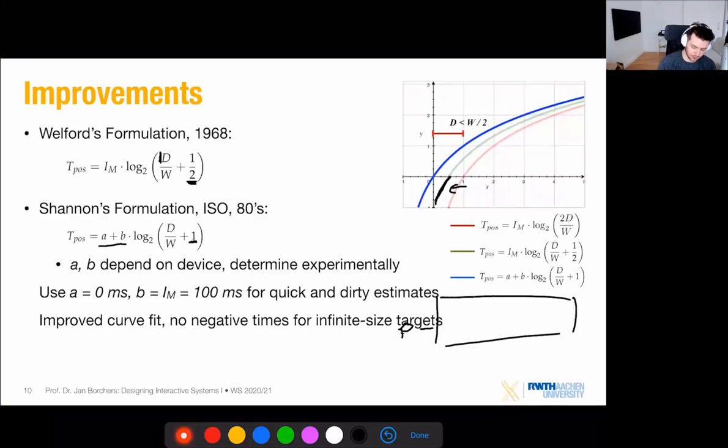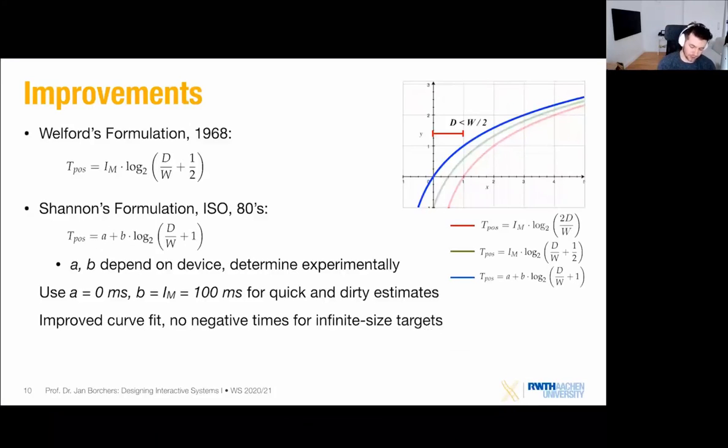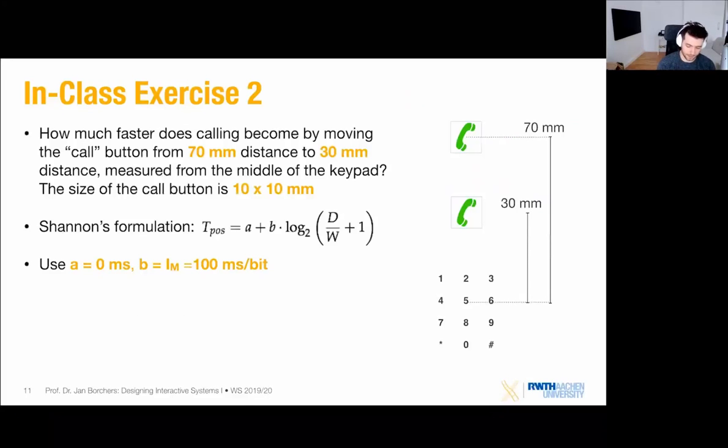And usually, what you can see here, we use A with 0 and B with 100 milliseconds to have some rough estimates beforehand. This is what we will usually do for some examples that we will do, but we will give you these values. Okay, so let's do an exercise like this.